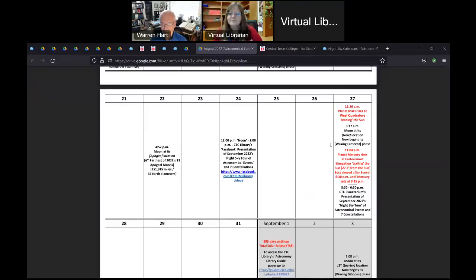But notice that the planet Mars is leading the sun. So if you get up early Saturday morning, from 12:26 on to sunrise and beyond, the planet Mars will be coming up to your left on the eastern horizon, and you should be able to identify it.